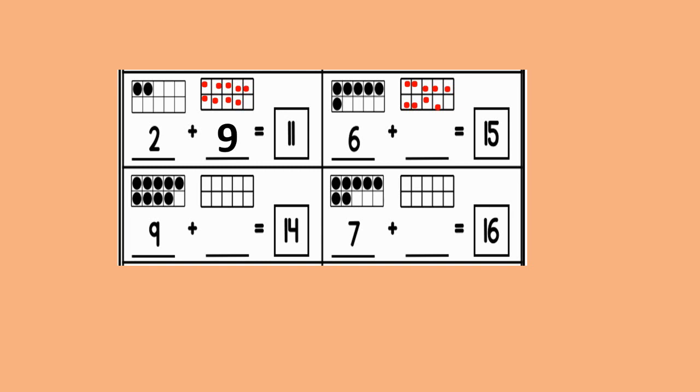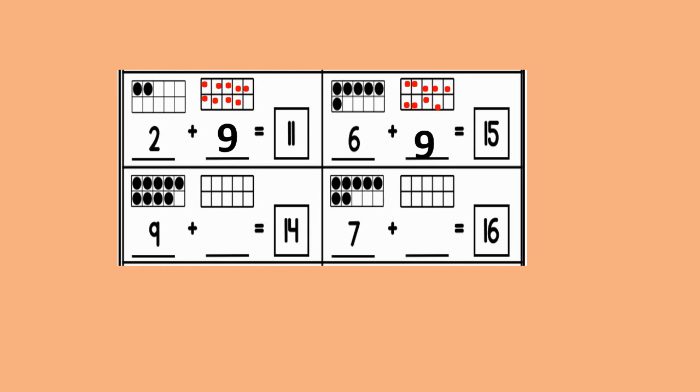Now we got the answer 15. Now we will count how many dot we drawn. 1, 2, 3, 4, 5, 6, 7, 8, 9. So we draw 9 dot. So 6 plus 9 is equal to 15.